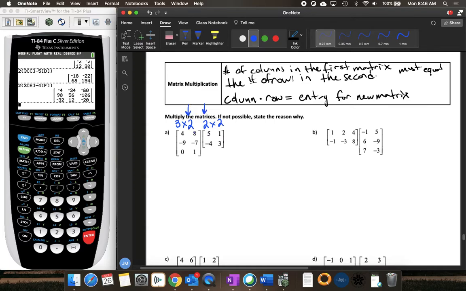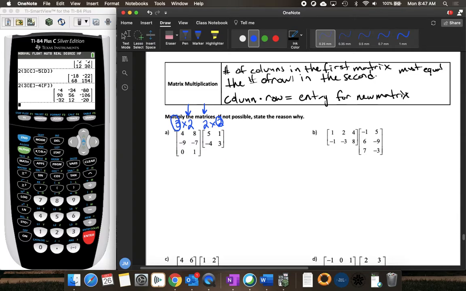Actually does in fact equal the number of rows for our second. In other words, you're checking the two inside numbers to make sure that you can actually multiply these matrices together. Now it actually turns out that your final answer is determined by the outer numbers. In other words, our final answer in this case should end up being a 3 by 2 matrix.